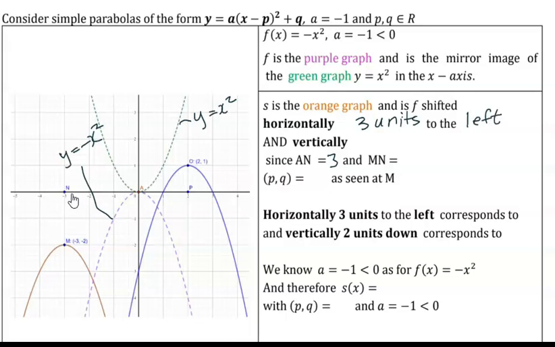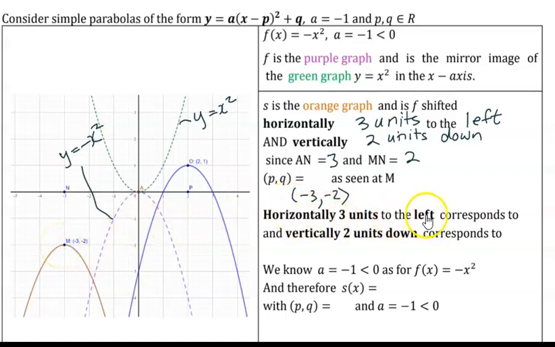And vertically from N to M is 2 units. So vertically we've shifted 2 units down. My PQ is given as minus 3, minus 2, which we can see at the point M here.